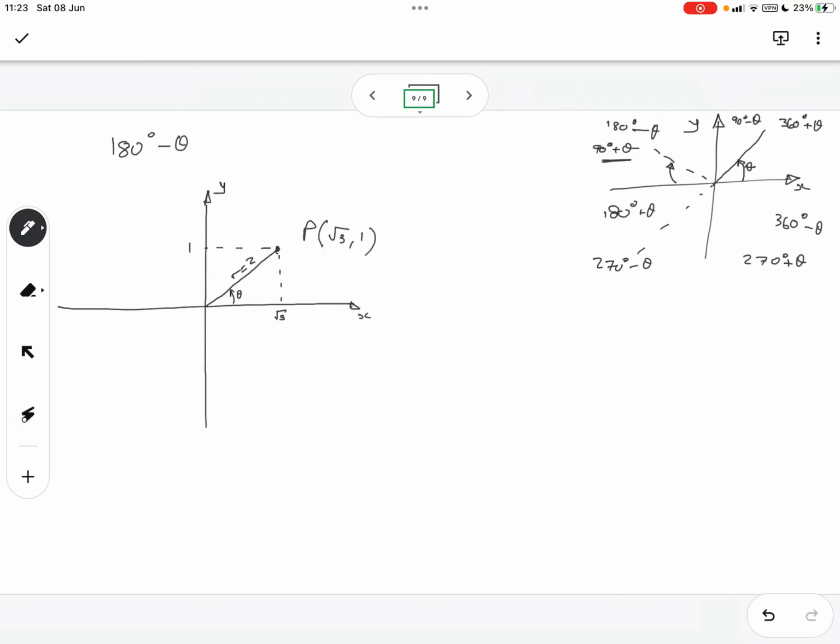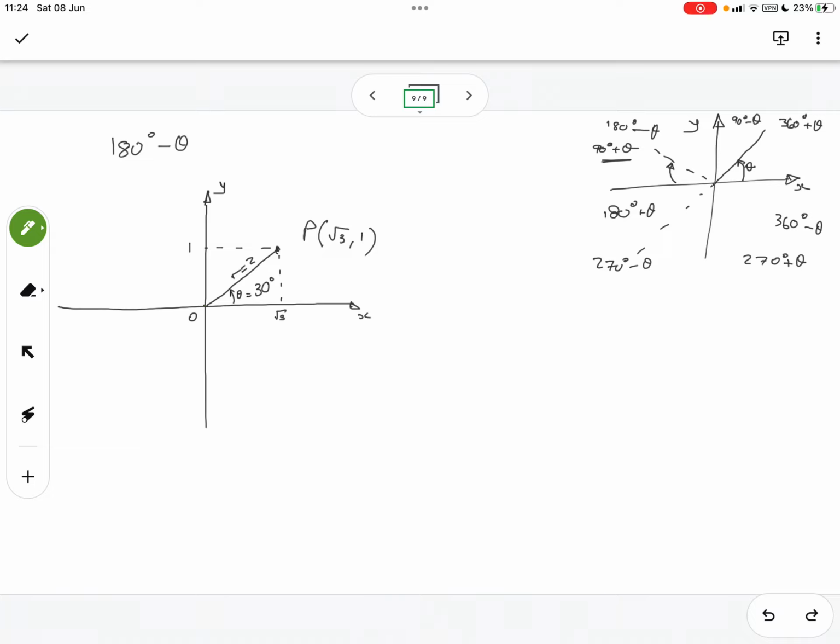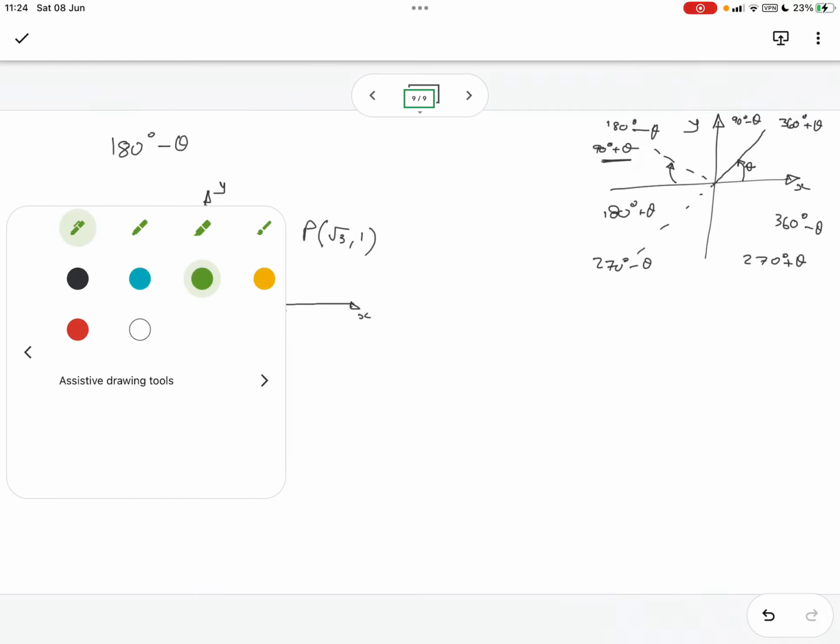There is theta. Alright, so the line OP, we'll call this O and that P. The line OP makes an angle of 30 degrees with the horizontal, right? With the x-axis. And then we are also told that there's another point.